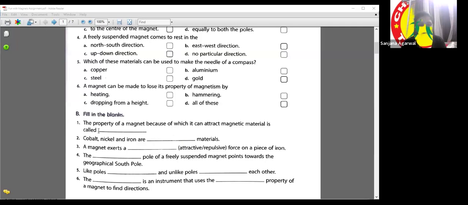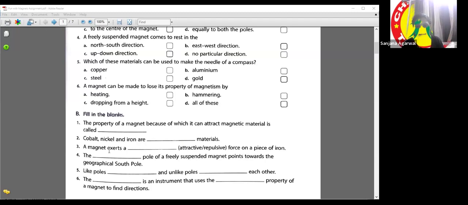Second, cobalt, nickel, and iron are called what type of materials? Magnetic materials.